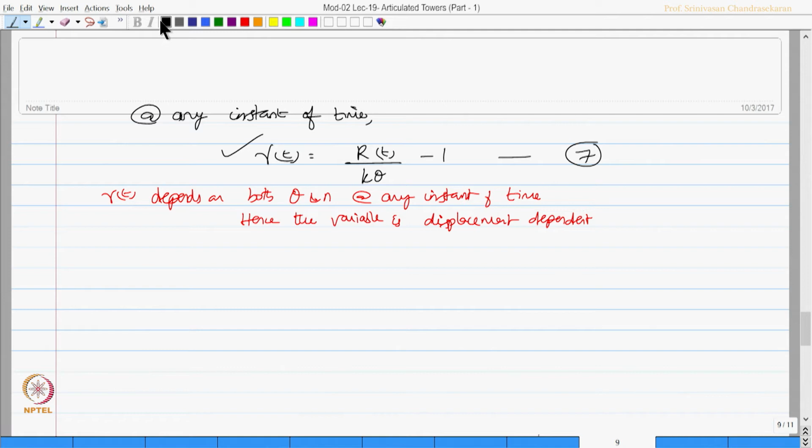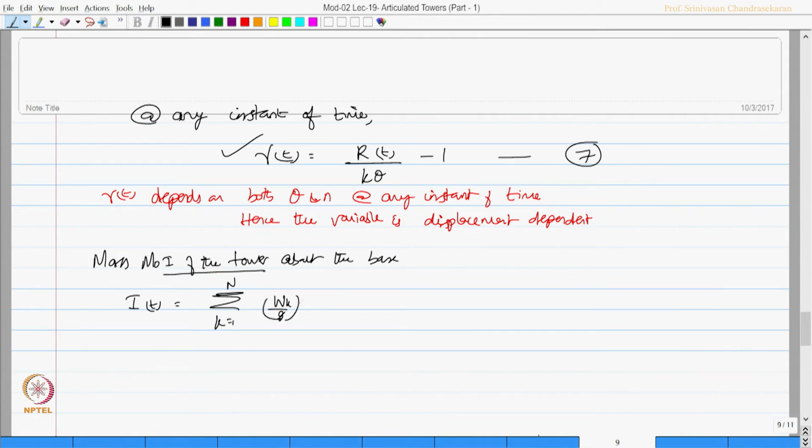Let us talk about the mass moment of inertia of the tower about the base, which is equal to I t, which can be summation of k equals 1 to n Wk by g Sk square, because it is the mass moment of inertia about the base.